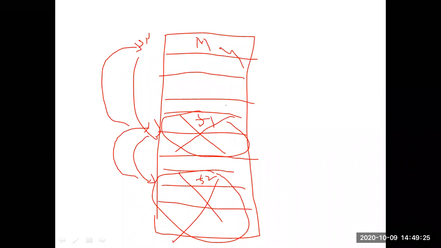After the main function is over, since it is the main function, it has no calling function. So the control will be transferred to the operating system, and the memory allocated to the main function is also removed from the stack. The main function's activation record is removed from the stack, and the control is transferred to the operating system. That is what is happening here. The entire operation is happening in the stack.